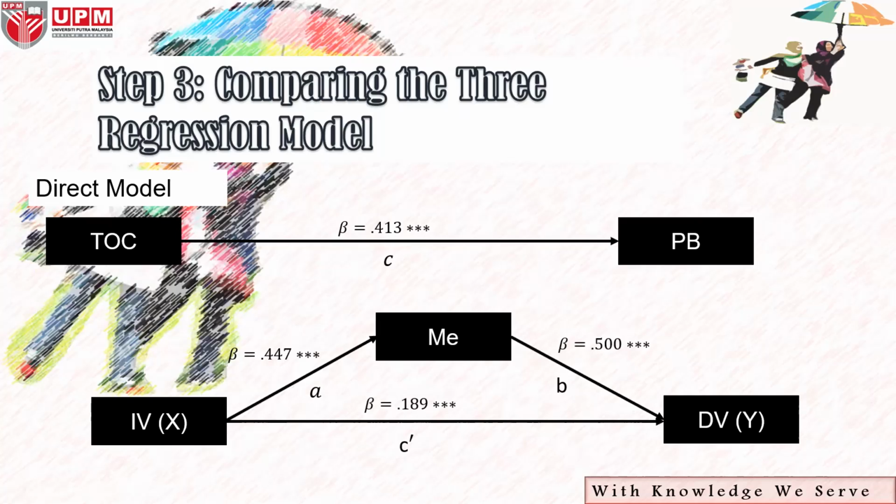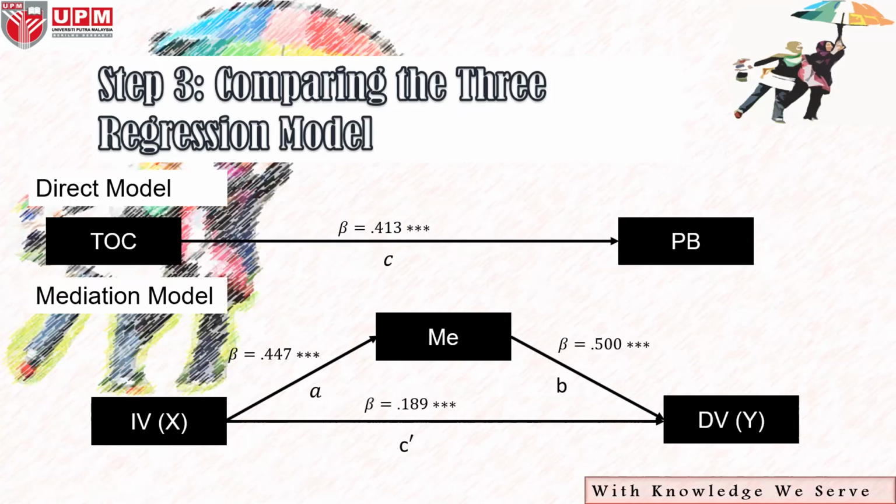Supposedly we got 0.413. Itu maksud dia. So based on the direct model ni kita tahu overall, kita ingatkan tak ada pengaruh lain, tapi bila kita pecahkan barulah kita tahu sebenarnya dalam tu ada pengaruh orang lain. Okay, ini interestingnya the mediation analysis.